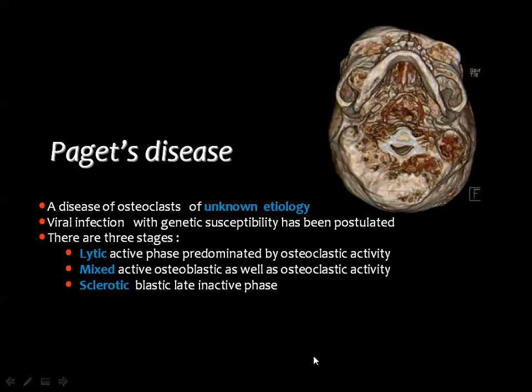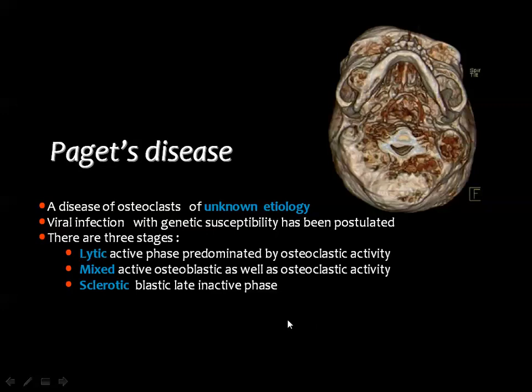Finally, Paget disease is one of the lesions that can affect the skull base. The etiology is unknown. It may be thought of as a viral infection or genetic susceptibility.